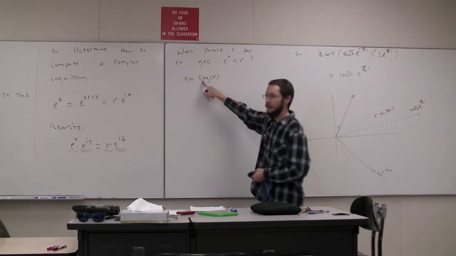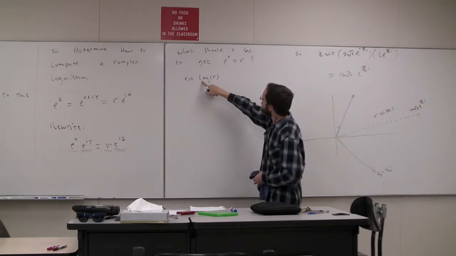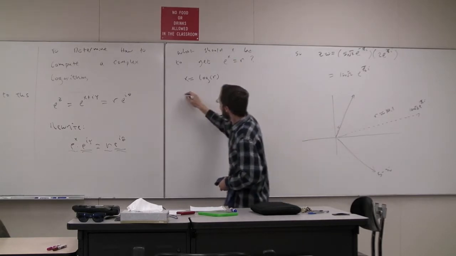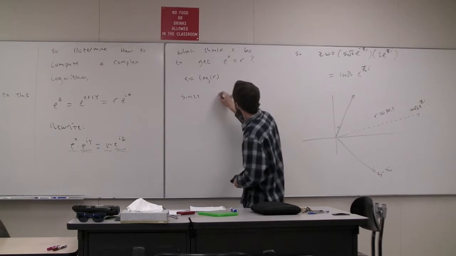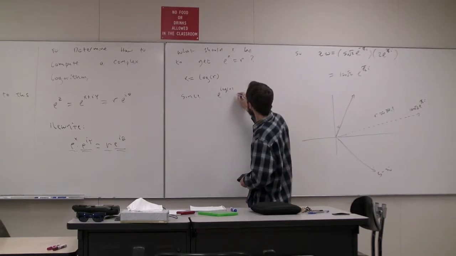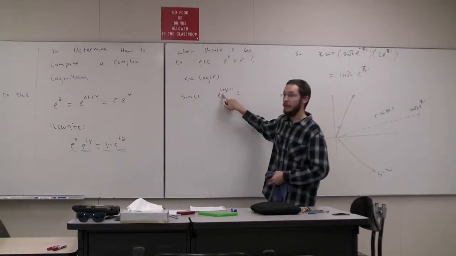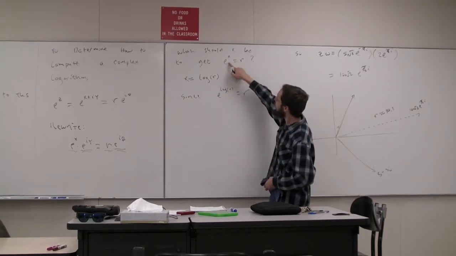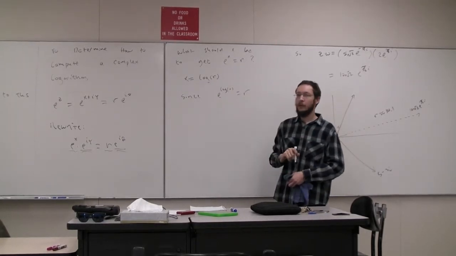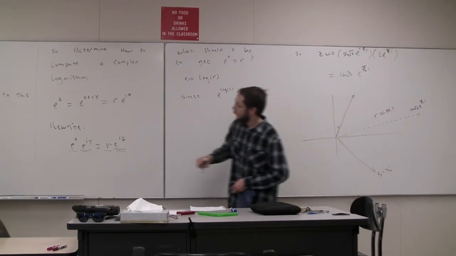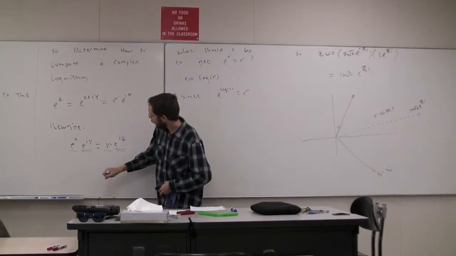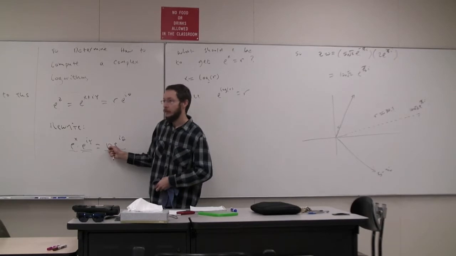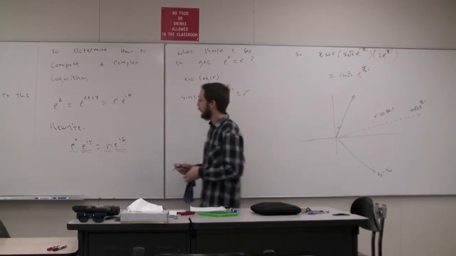Right? Log base e, right? Because when we plug that in, e to the log of r, the e and log just cancel one another to give you r back. Okay? So to solve this equation, x just has to be the log of the radius. And so we've taken care of this first value here.